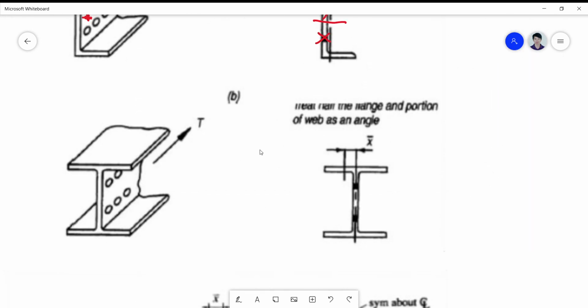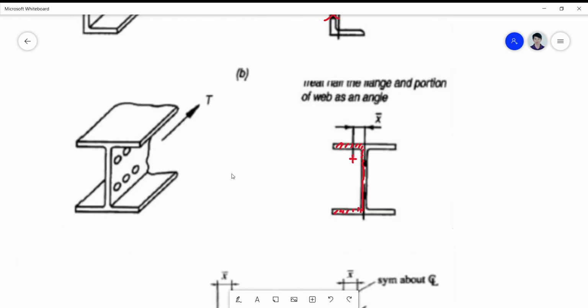Okay, for wide flange, ganun nga, no? So if this is the connection at the web, then your X bar is the centroid of 1/2 the part of this. Okay, so kunin mo yung centroid nitong kalahati niya. Okay, so ito yun. So you get X bar. If it is connected here on top, yung sa taas ang gagamitin natin.